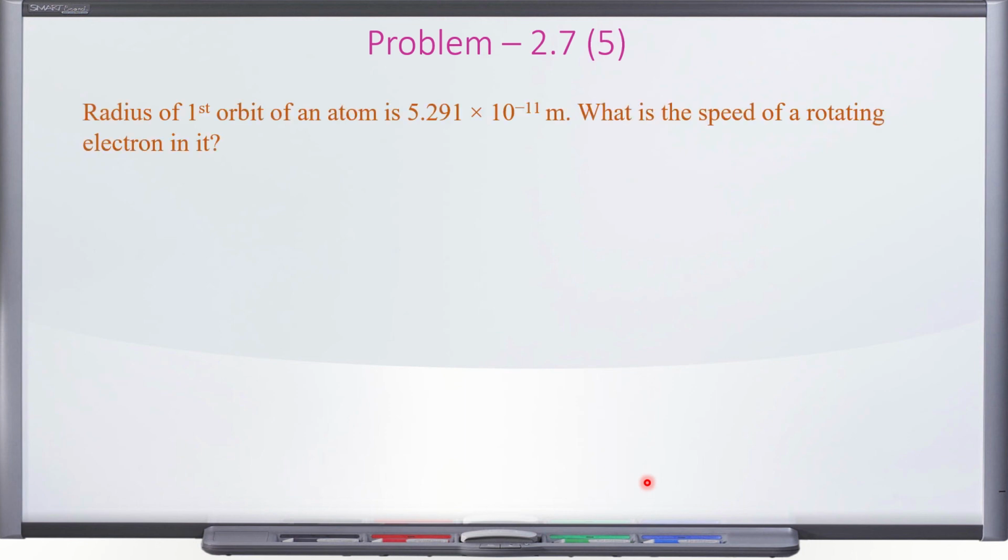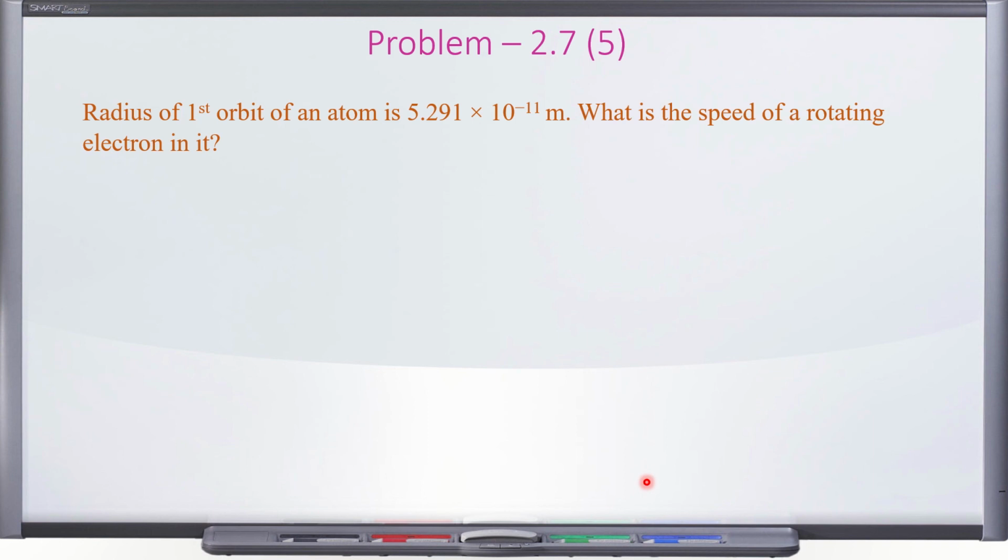Now another math. This is also from your book exercise. Problem 2.75. The radius of the first orbit of an atom is 5.291 into 10 to the power minus 11 meter. What is the speed of a rotating electron in it?